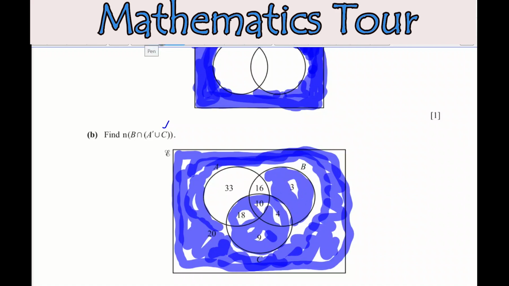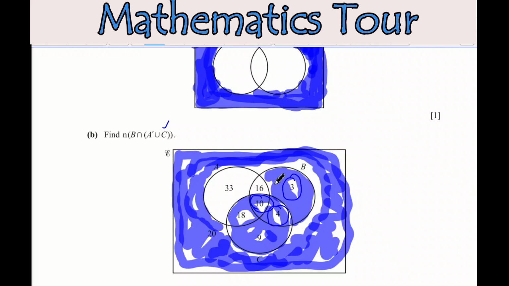Now I need where that region intersects B. Here we have the blue part in B, so we need the blue part in B. We have 10, we have 4, and we have 3.